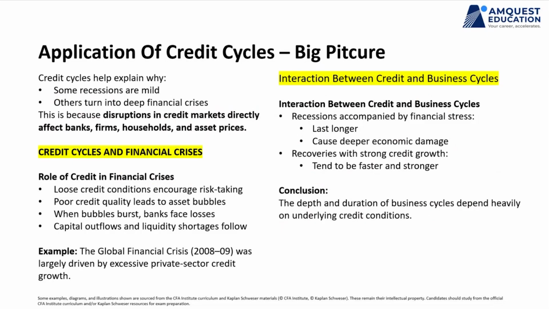If you look at the application of credit cycles, it can explain why some recessions take place. Obviously, if you look at the nature of recession crises, some are stronger, some are lighter. They impact you, right? But disruptions happen. And when a disruption happens in the market, in the credit cycle, in the lending, it will always impact the entire economy.